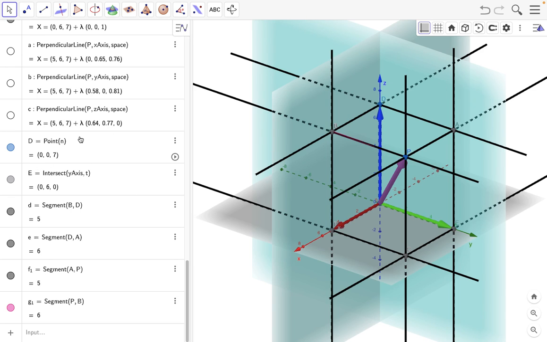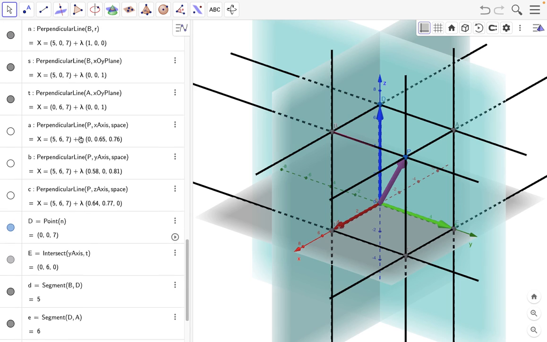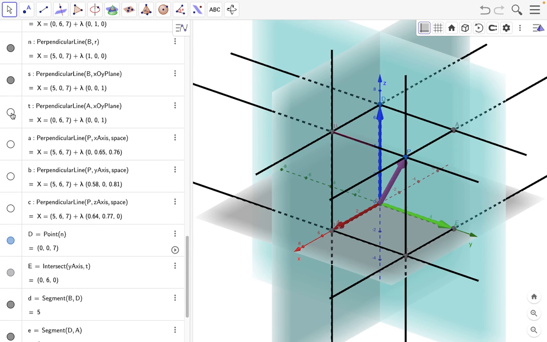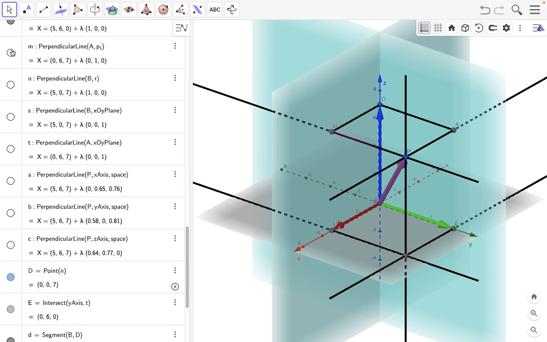Now we can remove the earlier perpendicular lines to show that.